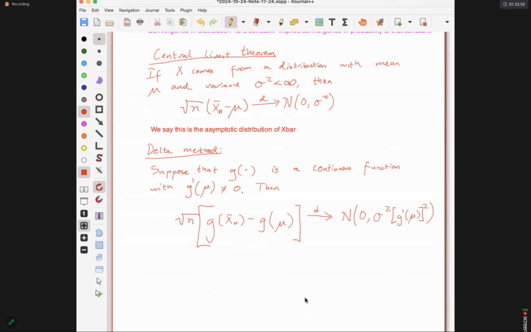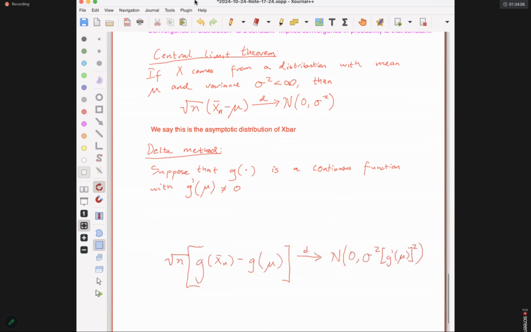Actually, oh, I forgot. This should still satisfy the conditions of the central limit theorem. So I'm gonna state this a little bit differently in terms of just saying the asymptotic distribution. Well, one's the sample mean, one's the population mean.